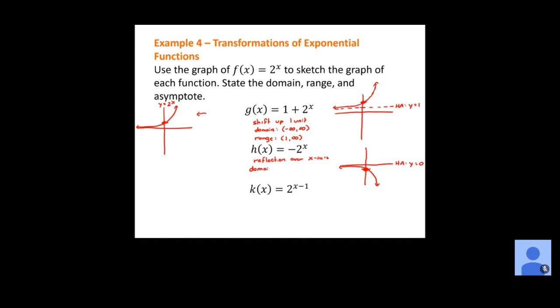All right. So now domain. What's our domain this time? Okay, good. All real numbers again. Nothing changes there. And the range this time is going to be what?